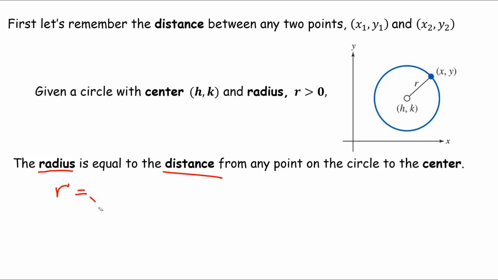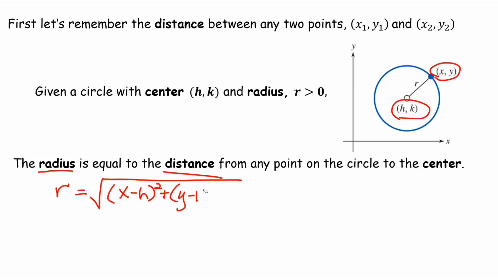So the distance formula is what's going to happen right here, from any point on the circle to the center. Any point on the circle, we would just call x, y, and the center we have called h, k. So the distance between those two points is the square root of x minus h quantity squared plus y minus k quantity squared.